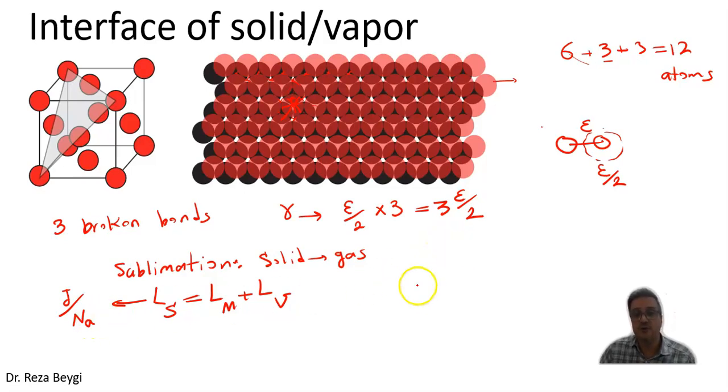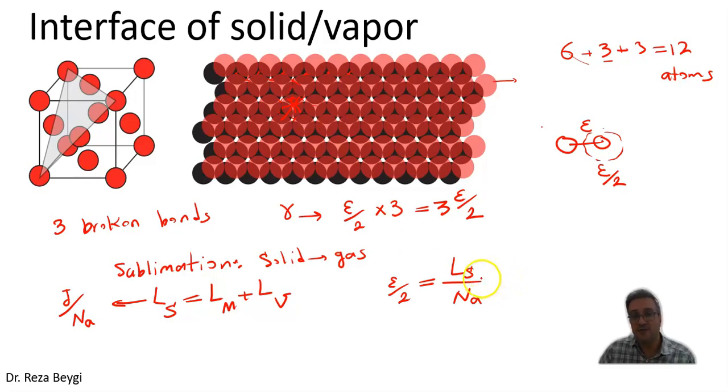So if we want to calculate epsilon for an individual atom, we should divide this latent heat of sublimation by Avogadro number, and for this transformation, we should break 12 bonds for each atom.